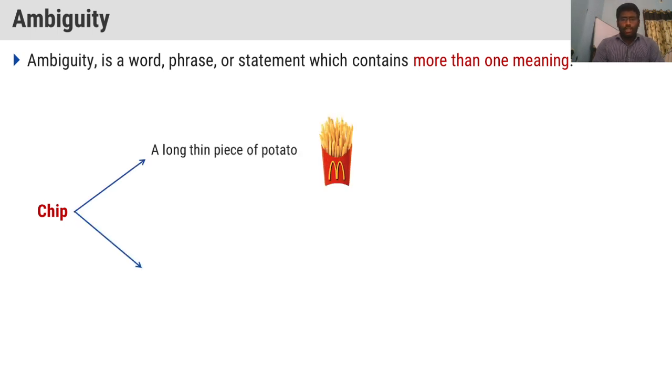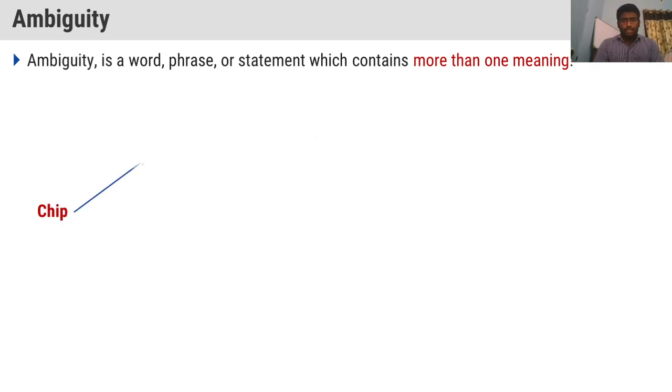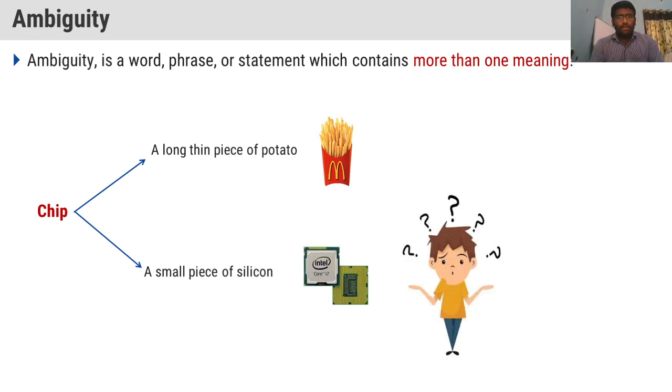See, I will show you a diagram you see here. I am telling the word chip. So it gives two meanings here. If I use the word chip, Kavya will understand that as potato chips, right?